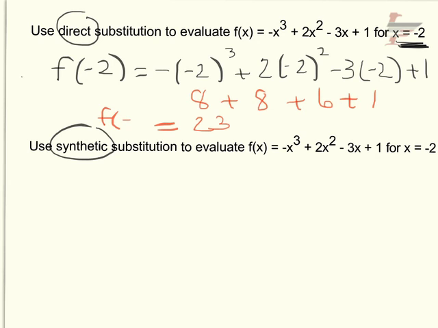So f of -2 equals 23, or if you prefer to write it as a point, you could write -2 comma 23. Either is fine with me.